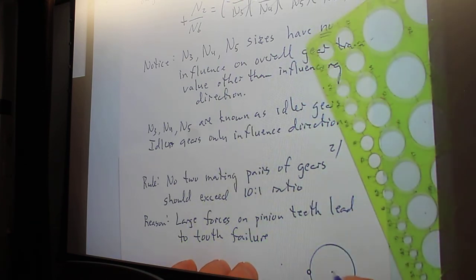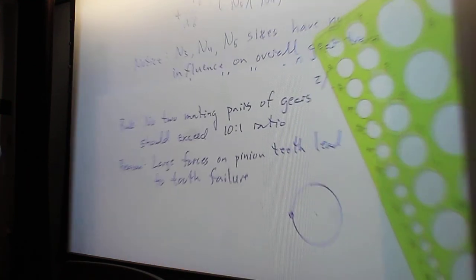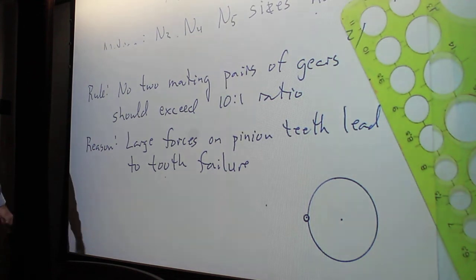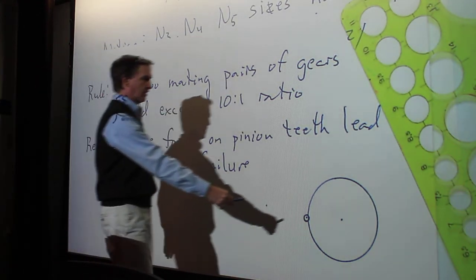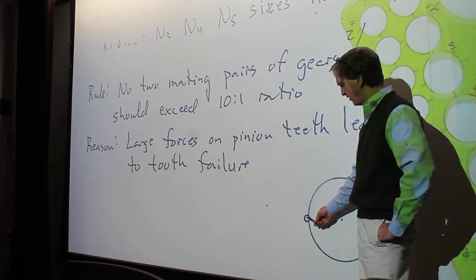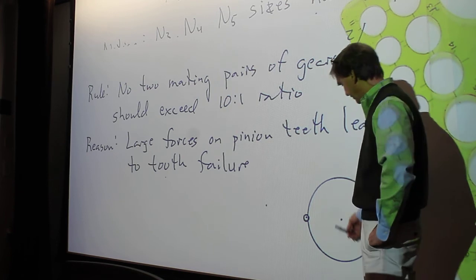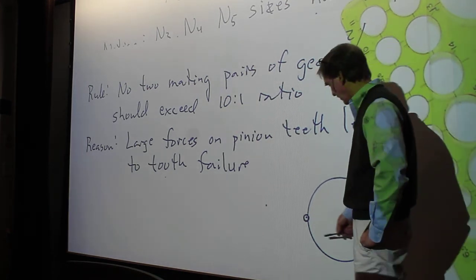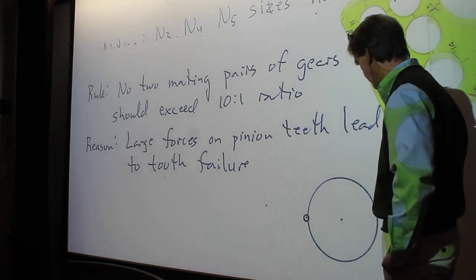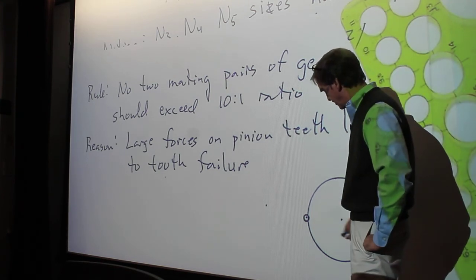All right. So what happens here is that there's so much torque available on this thing here that the interface between this little pinion gear and this big one, and this here is more than 10-to-1. You can see that it probably looks to be 12 or 13-to-1, the size ratio.